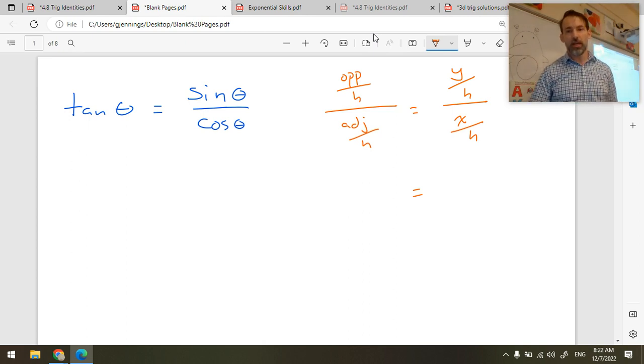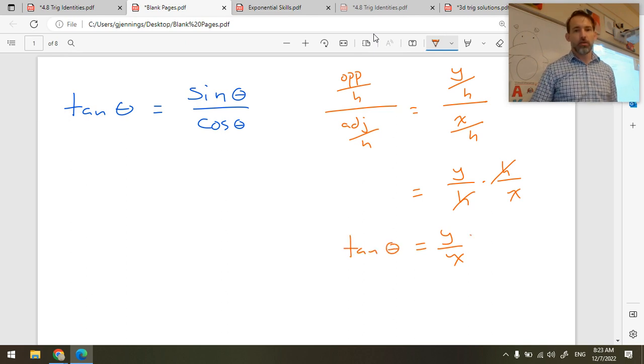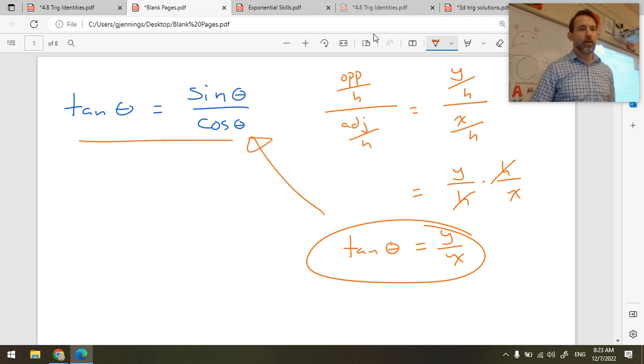So here, y over h flips and then the bottom will flip to become h over x. That cancels, and then you get y over x. Well, that's just tangent. So these two things are the same. So that's how you would write tangent as sine over cosine.